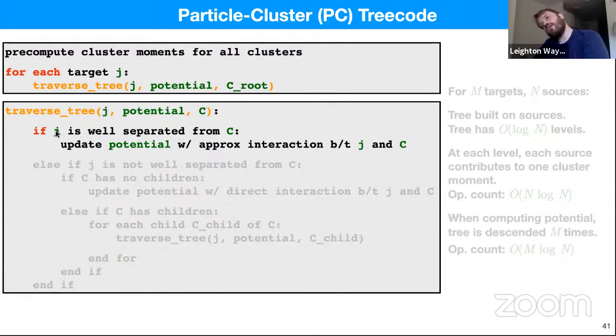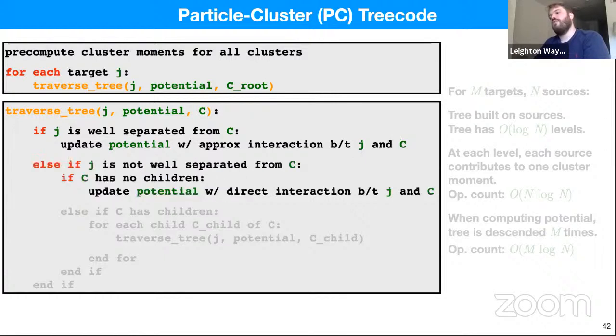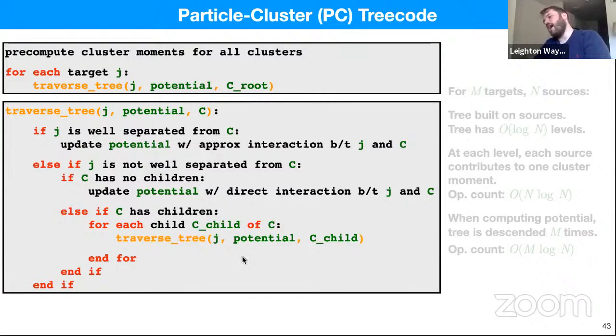If our target J is well separated from this cluster C, which when we first start traversing will be the root, then we can update the potential with the approximate interaction between J and the cluster C. If it's not well separated from C and that cluster C has no children, then we have to update the potential with a direct interaction. And if that cluster C has children, then for each child, we recursively traverse this function.